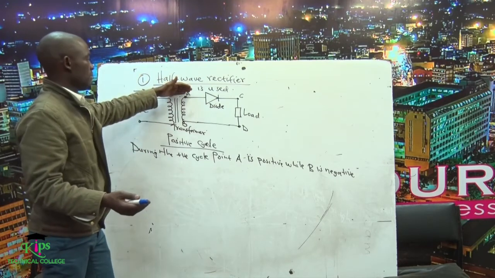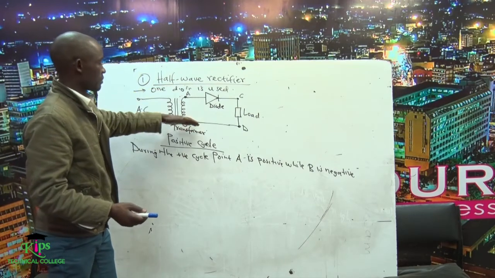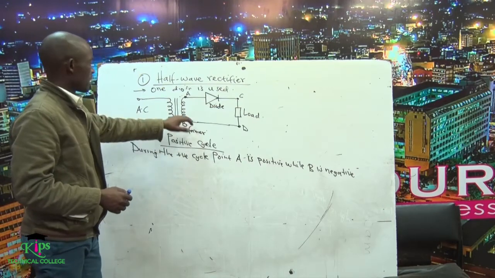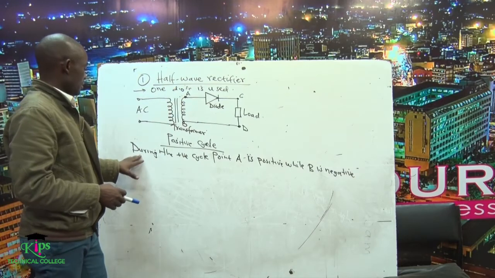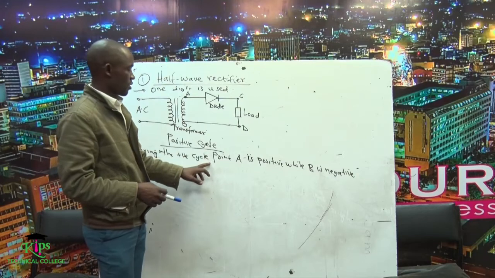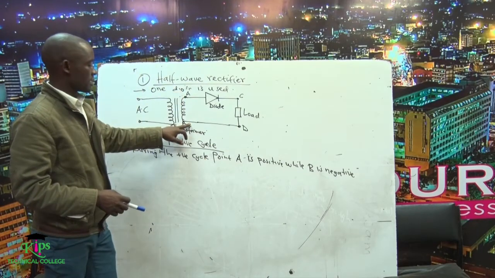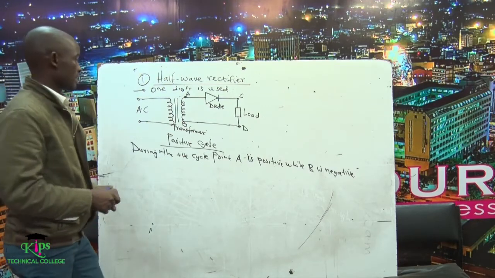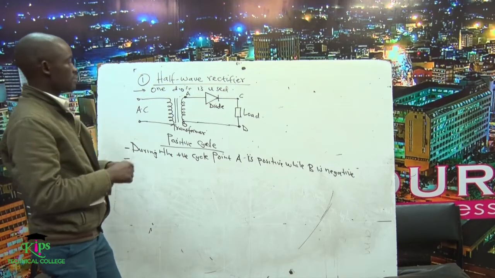Initially this point becomes positive and this is negative. At another instance this will become negative and this becomes positive. So during the positive cycle, we let point A be positive and this one negative. That is why the statement reads, during the positive cycle, point A is positive while point B is negative. After you have identified the polarities, you can now tell us the status of the diode.